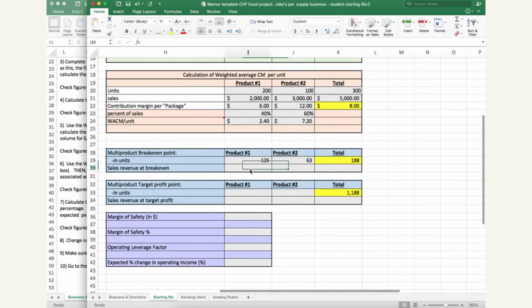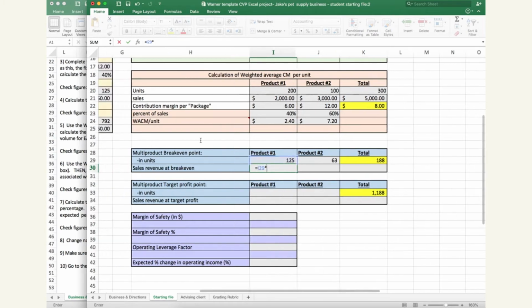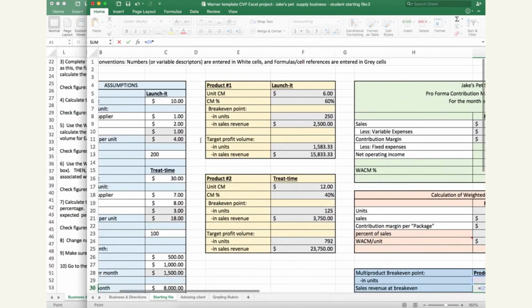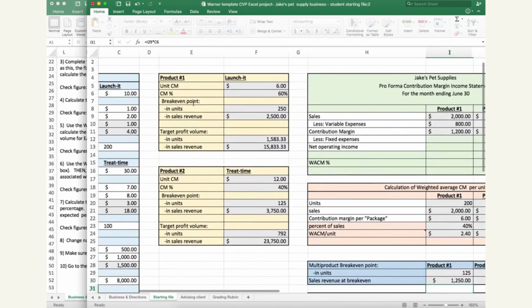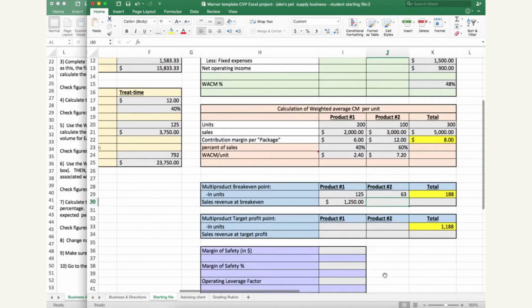second product. And that means that at break-even, our sales revenue here is going to be 125 times $10. There it is. And our sales revenue here is going to be 63 times the $30.